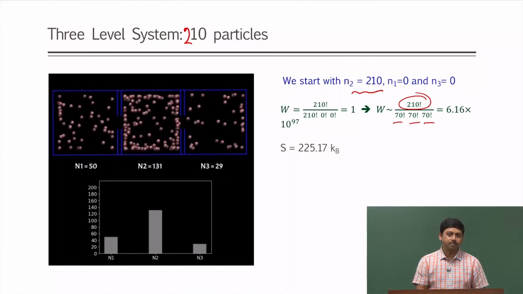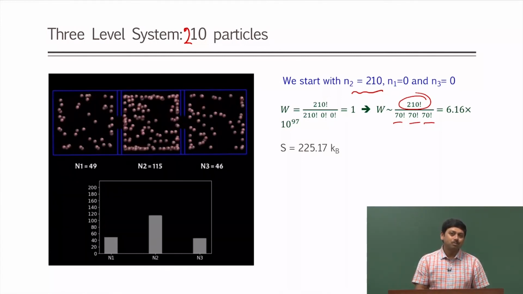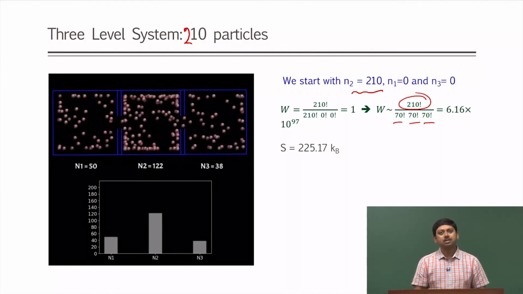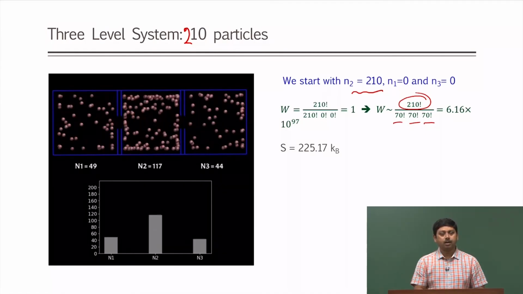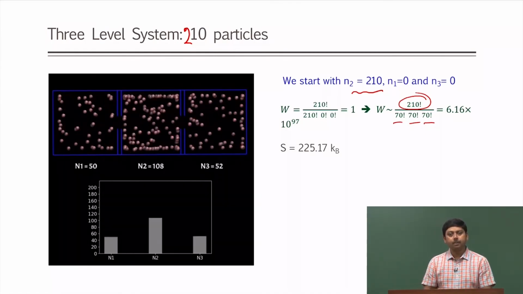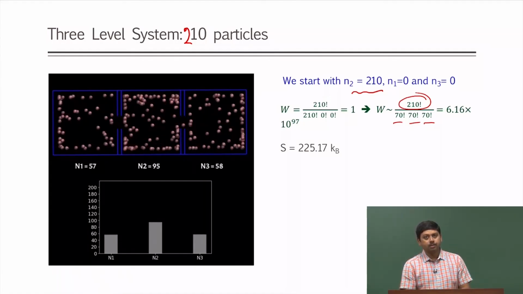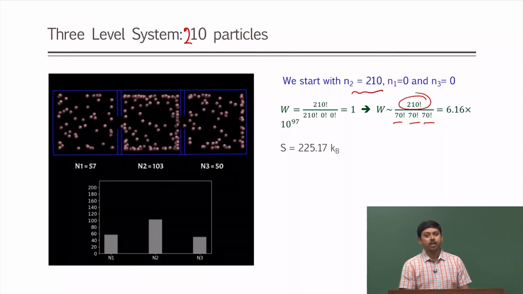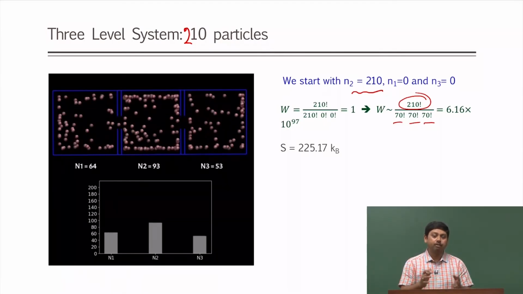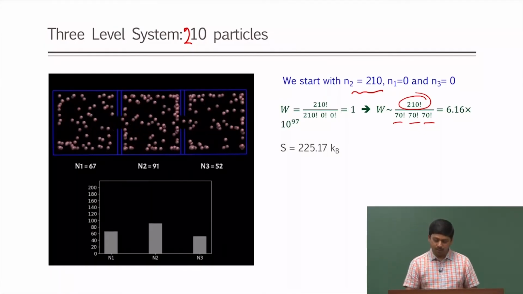So taking the most probable distribution is enough to get the values. And we will of course tell you the importance of the most probable distribution: it is not possible for us to calculate all possible distributions for realistic systems, so the most probable distribution will always be helpful.